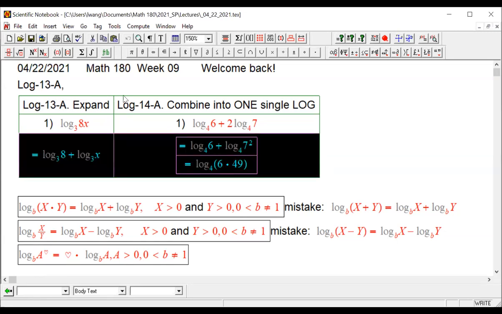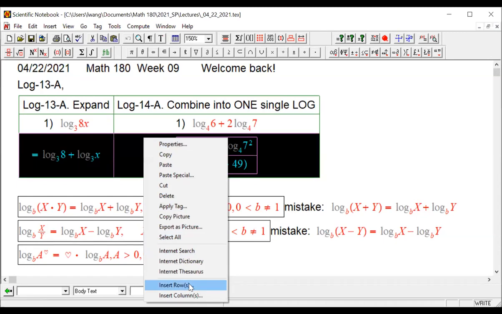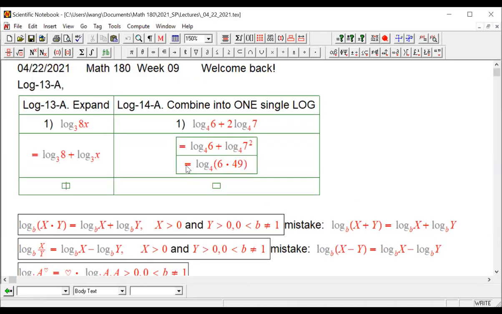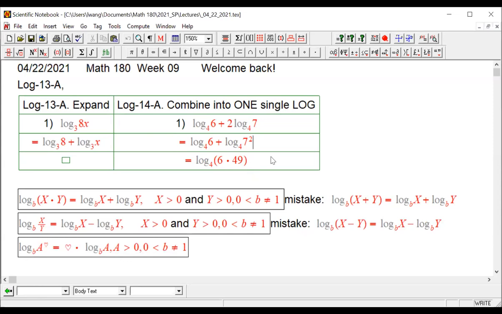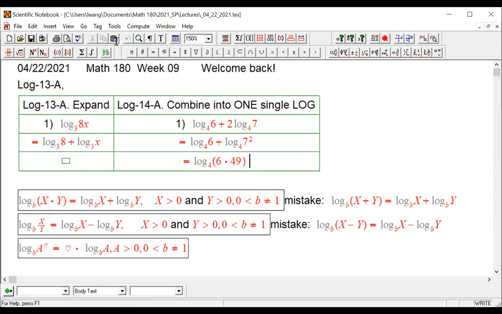Got it? So that's the difference between these two kinds of exercises. This is called a single log, 1 single log, and this one is expanded. All right, did you get it?